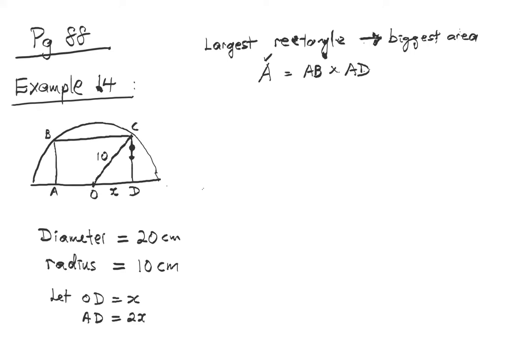So I put that. My AD is 2X. So you see how they do it? So you can only have one variable. So this is 2X. 2X I write.